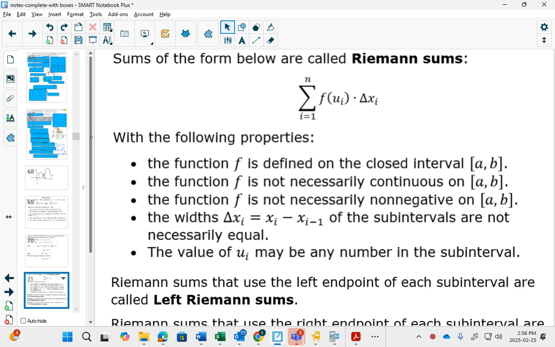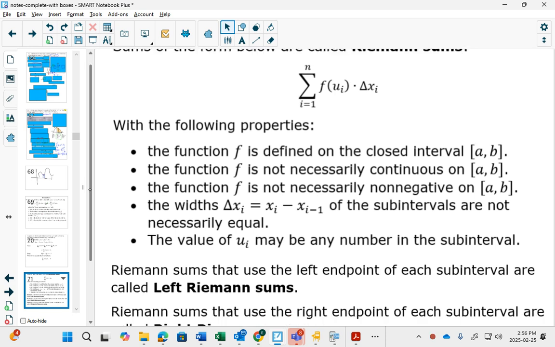The widths don't have to be the same length. So he sort of broke down all the common things that we started with, and he proved that you can make this work with a bunch of different functions and not necessarily have all of the things that we started with exactly the same.